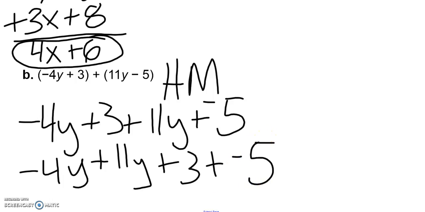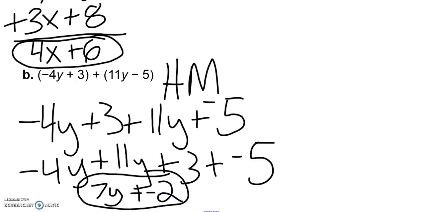These two terms go together, so 11 minus 4 gives me 7y, and it's positive because 11 is the larger. And 5 minus 3 gives me 2, but it's going to be a negative 2. Okay, that's my answer. Not too bad.